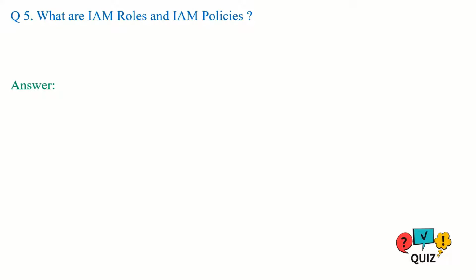Roles are provided for a particular service wherein a particular user can maybe create an EC2 instance. Something like that. And policy is when a person, for restricting certain kind of access or giving only certain kind of access, which would define the policy. All right. Okay. Good attempt.